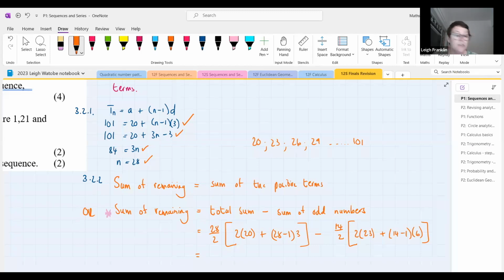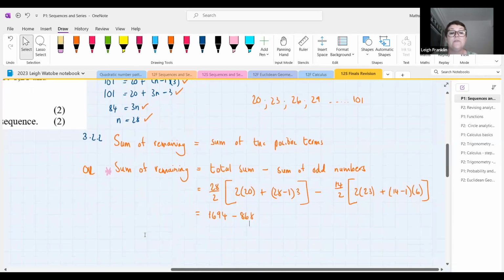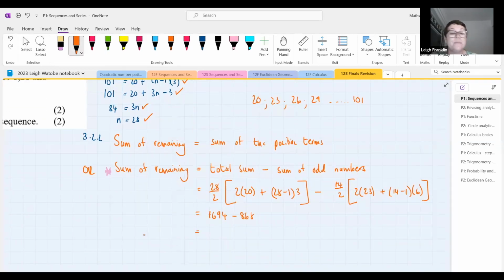When you pop that into your calculator, you end up with a total sum of 1694. The sum of the odd numbers comes to 868, and the difference between these two sums is 826. So that's the second method.